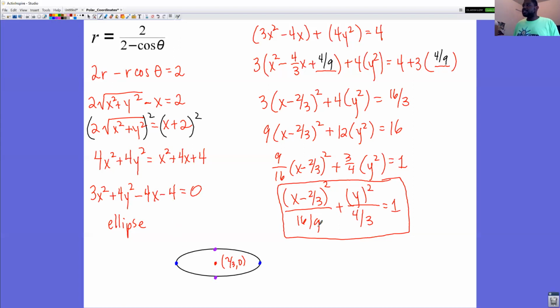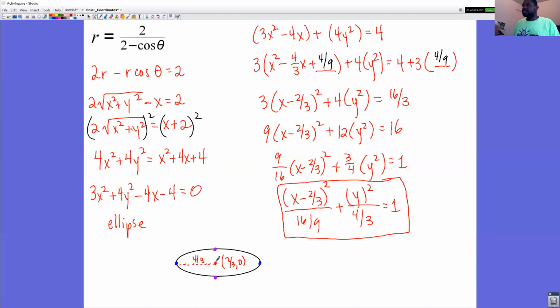My radius is the square root of this number, this denominator. So the square root of this is 4/3. So if I go 4/3 to the left of this, I get whatever that point is, excuse me. So if I go this many units over here, that gives me a point, and I'll go that many units over there, that gives me the other vertex.